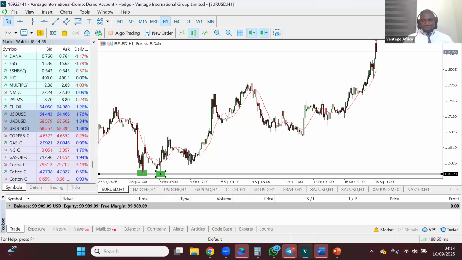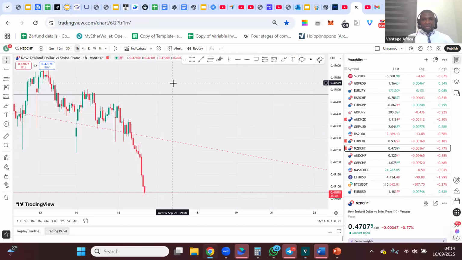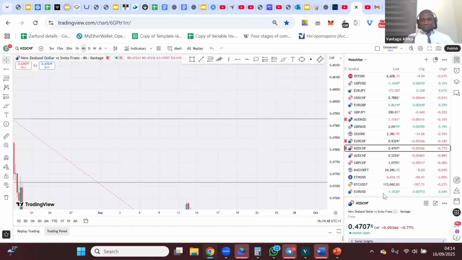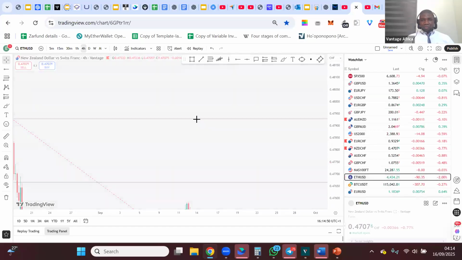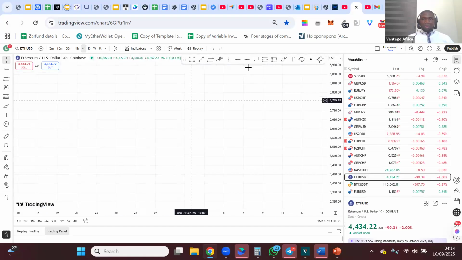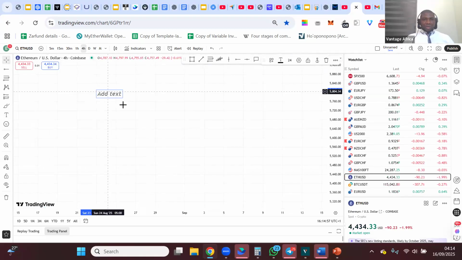So let me give us a bit of an explanation here before we come to the chart itself. The patterns we're looking at here, we are going to discuss a couple of them. Number one, we call the double top. Number two, we call the double bottom.